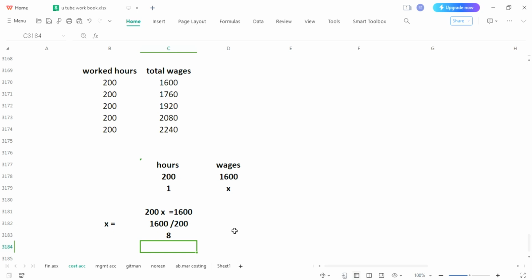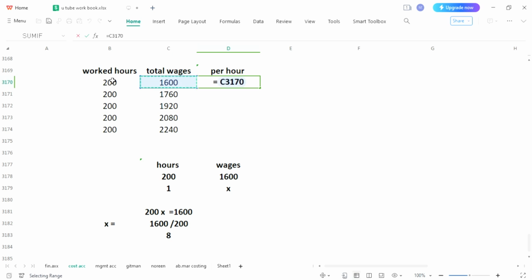So you have got your 8 per hour. The same procedure we will do for every other worker as well, per hour, which was required in the question. You are going to divide your total wages by the hours worked: 1600 divided by 200. First, per hour is 8.